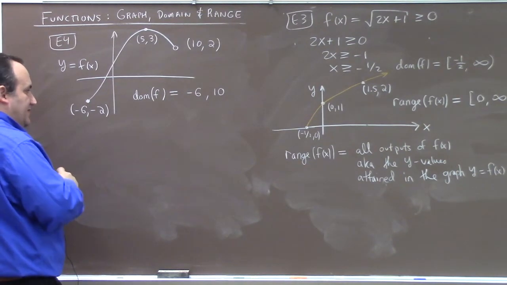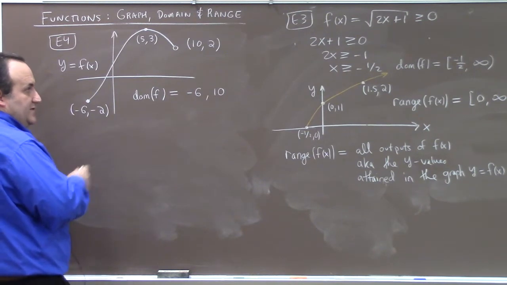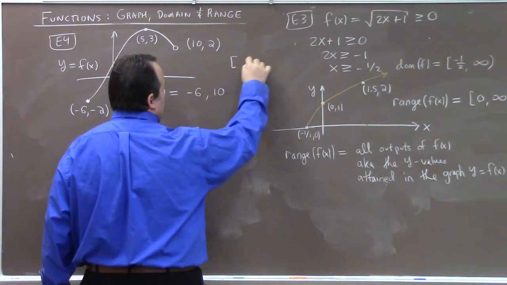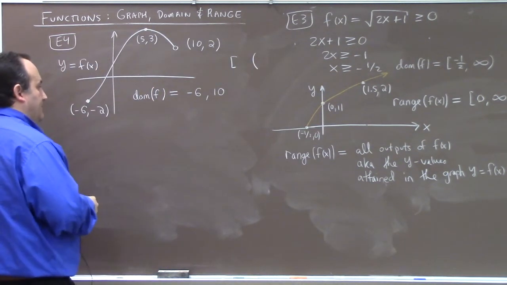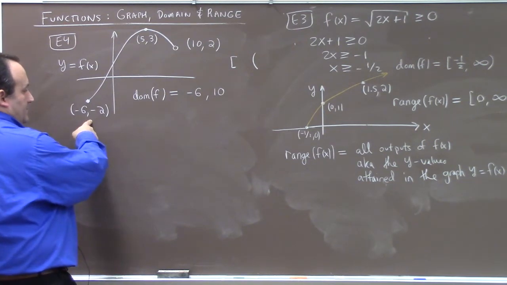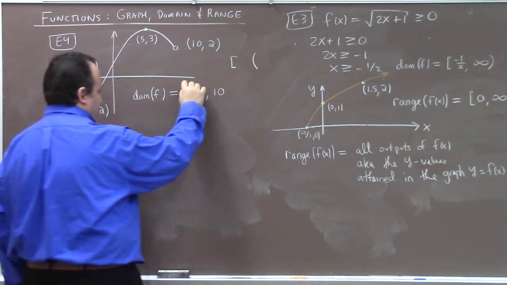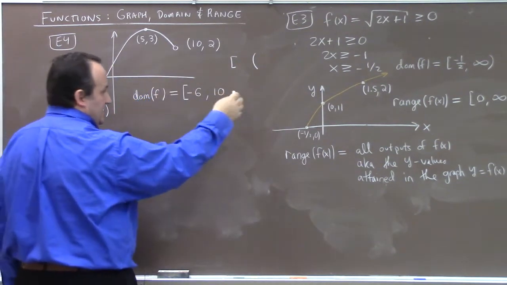Do we include the minus 6 or do we exclude it? Do we include the 10 or do we exclude it? In other words, do you want one of these guys or do you want one of these guys? Yeah, the square bracket for that one, it's included. Open circle means not included, so like that.